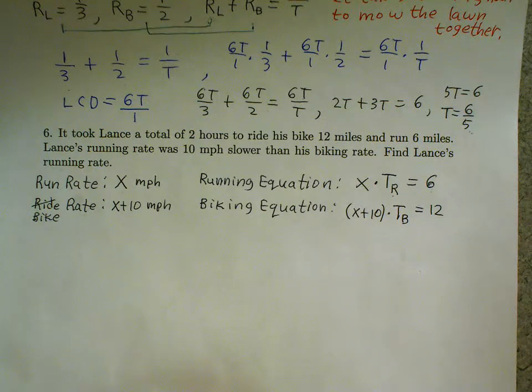The goal is to get an equation whose only variable is x. And then once we have that equation, we can solve for x. But we still have some intermediate work to do. What do we do next?